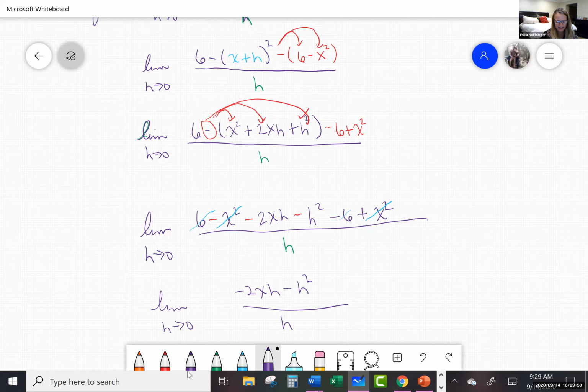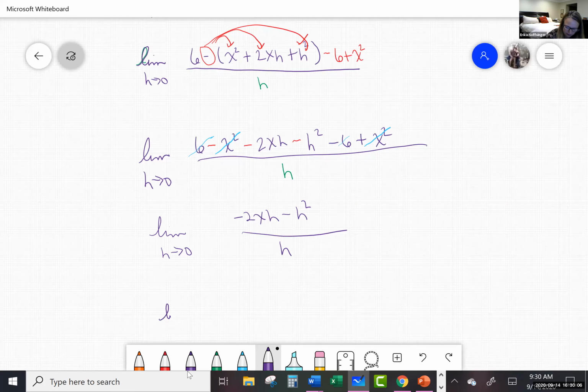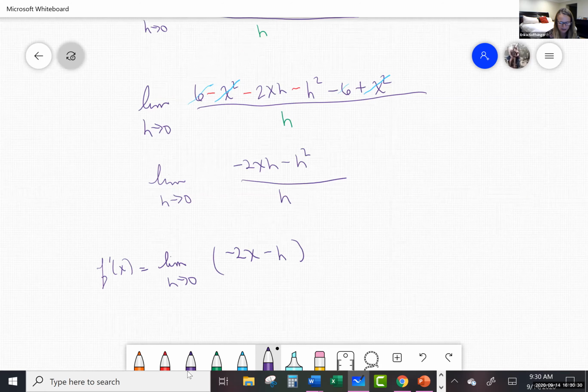So we can pull that h out of the numerator and cancel with the h in the denominator. So if you had done that, you'd be left with just a negative 2x. And if I pull out an h from the h squared, I'm just left with minus h. So if h goes to 0, then you're left with just negative 2x.